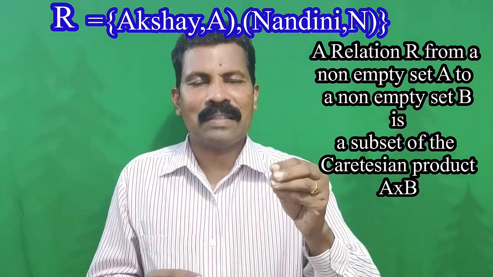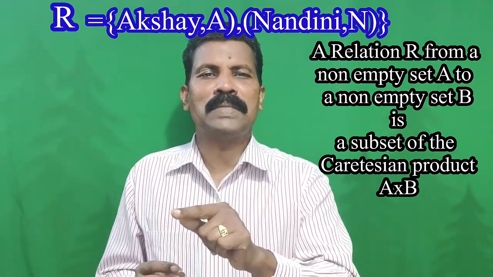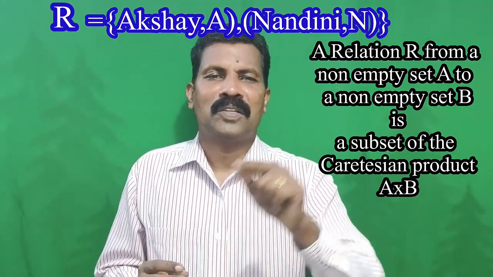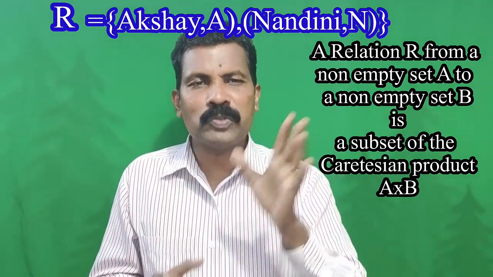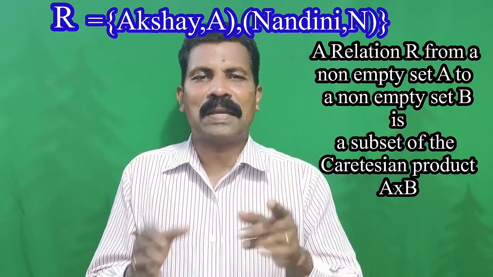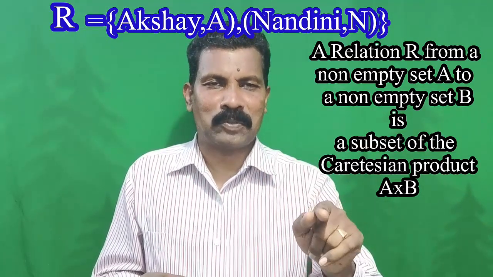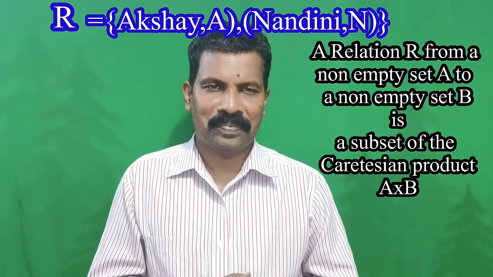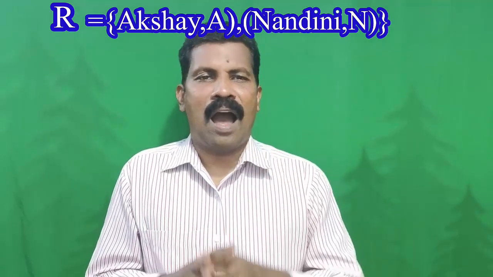In order to say that capital R is a relation from non-empty set capital A to another non-empty set capital B, it is enough to see whether capital R is a subset of A cross B. That's all. And here, capital R has two elements.